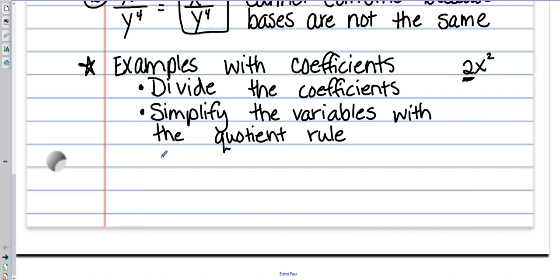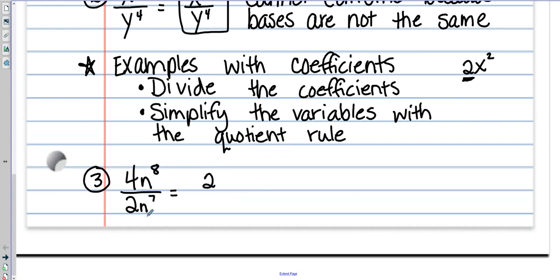All right, so let's look at number 3. So for example, if you have 4n to the 8th power over 2n to the 7th power, well, notice how there's a coefficient. There's a 4 and there's a 2, and it says when you have coefficients, divide the coefficients. So 4 divided by 2, you're going to simplify that like normal, and you end up with 2 in the numerator.